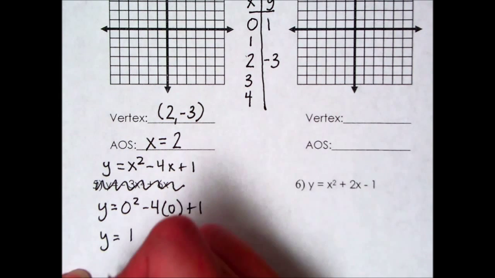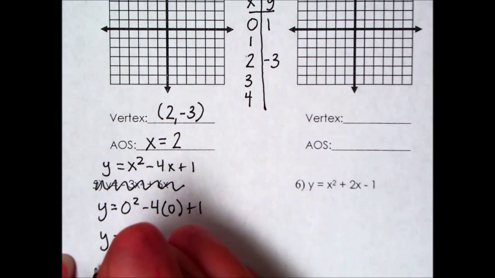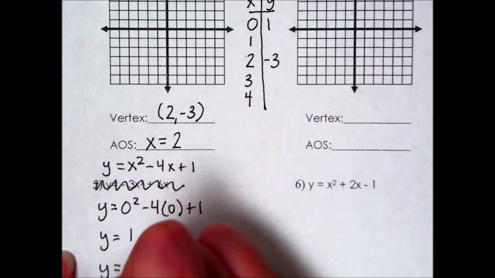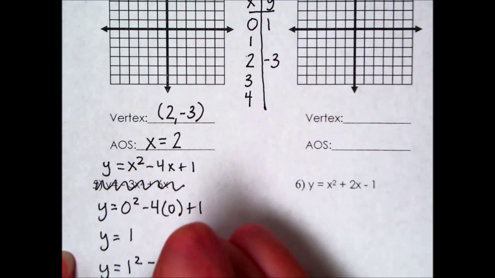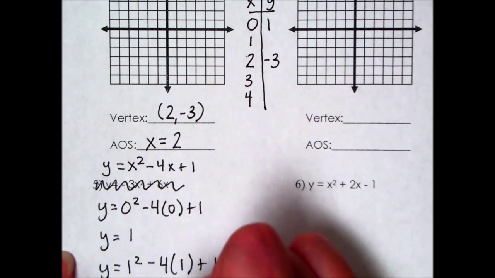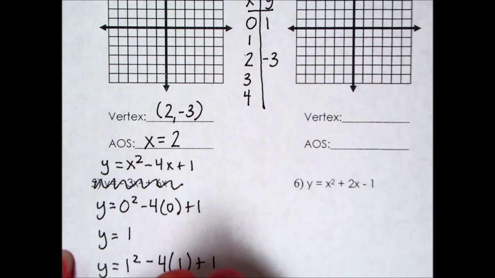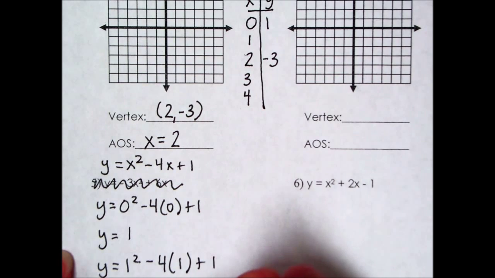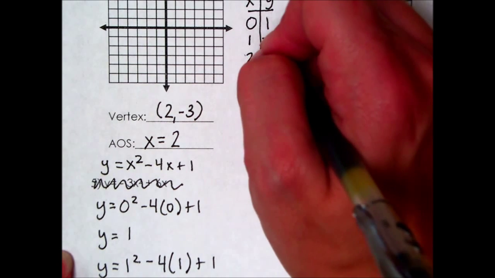Then we do this again. Let's go ahead and do the 1. y equals 1 squared minus 4 times 1 plus 1. So I'm going to get 1 squared is 1, 4 times 1 is negative 4, and then I have plus 1. When I add them together, that gives me negative 2.